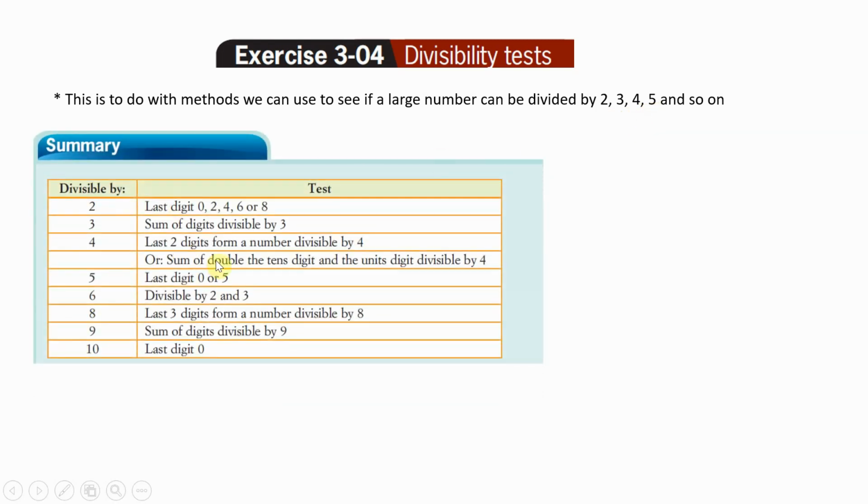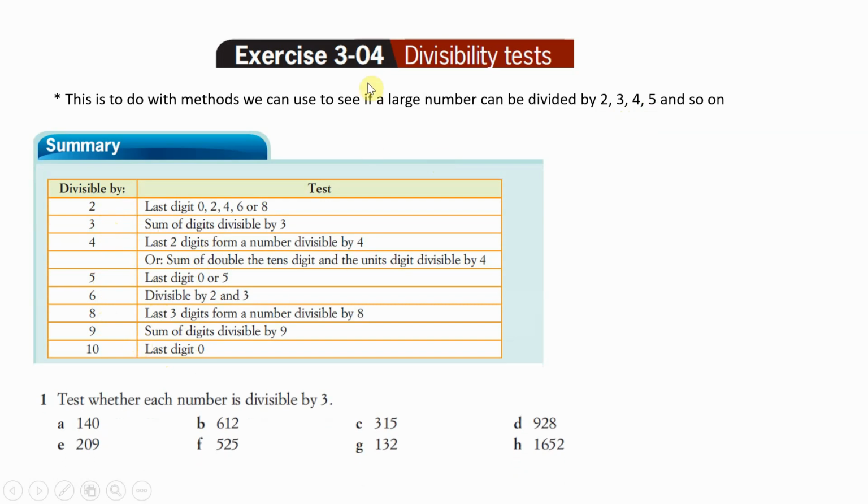And here are the summaries of what tests we can do for what number. We're going to apply those to some examples from the textbook and see what that all means.